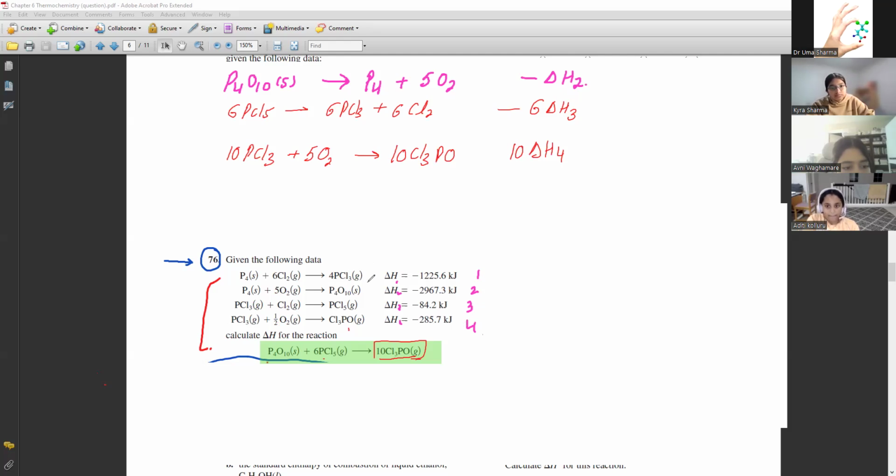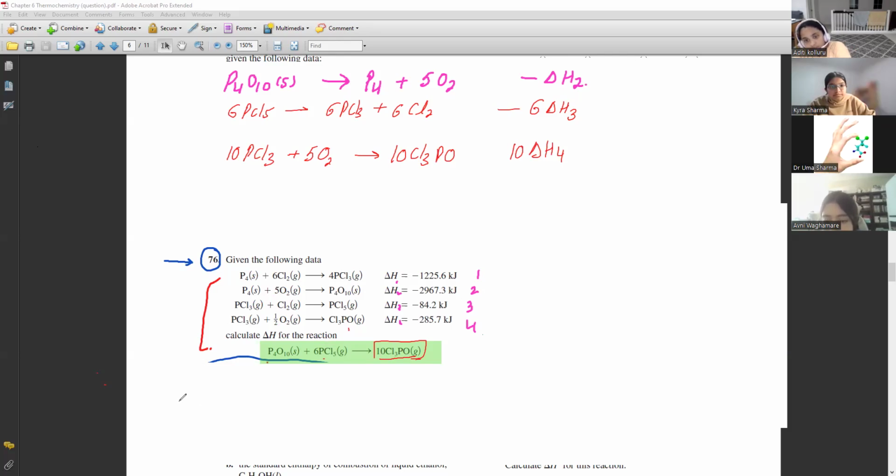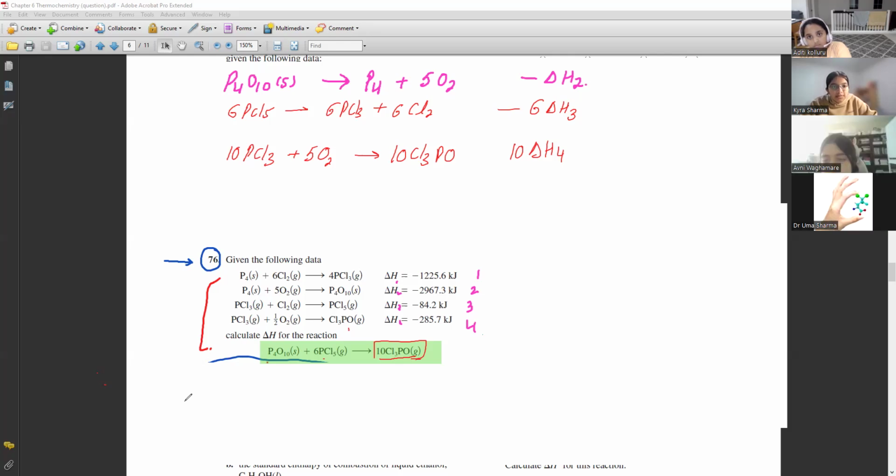Now you have used 3. You are with all the reactants and products. Now you have to see what you want to eliminate. What is not part of the final equation? Yes, Kyra. You don't want P4, you don't want O2.